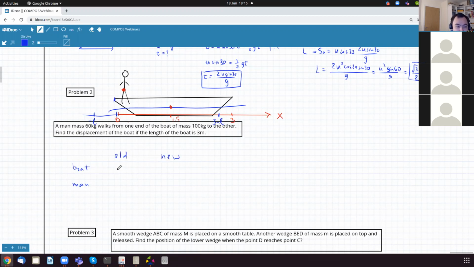Initially the boat is at 1.5 and the man is at 0. The new position of the boat is 1.5 minus L. So the boat has shifted, the boat has moved.